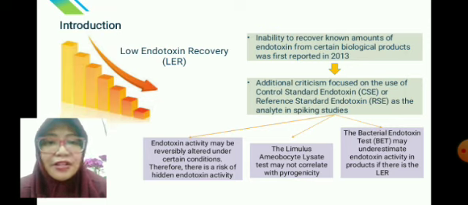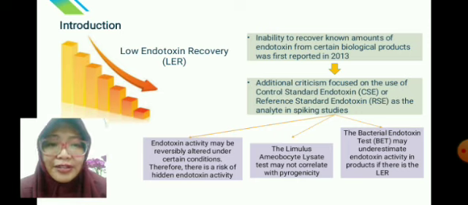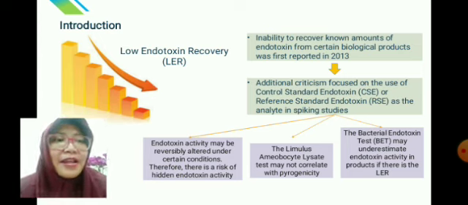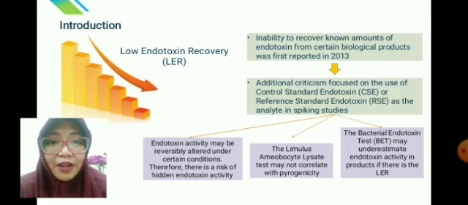First, endotoxin activity may be reversibly altered under certain conditions. Therefore, there is a risk of hidden endotoxin activity. The limulus amoebocyte lysate test may not correlate with pyrogenicity. And the bacterial endotoxin test may underestimate endotoxin activity in products if there is LER.